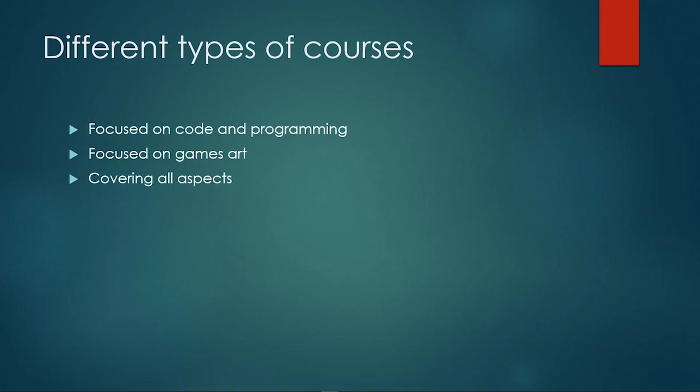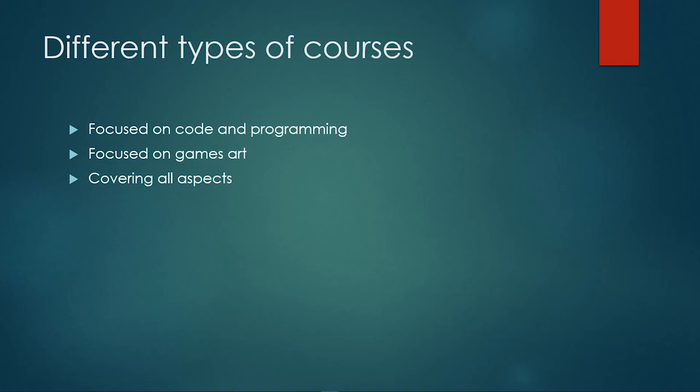There are three main types of courses related to games design. There are those that focus on coding and programming specifically. These are mainly in computer science departments. There are those courses that focus on creating the artwork for games and perhaps some models, so they focus specifically on games art, and sometimes you see games art in the title of the course.